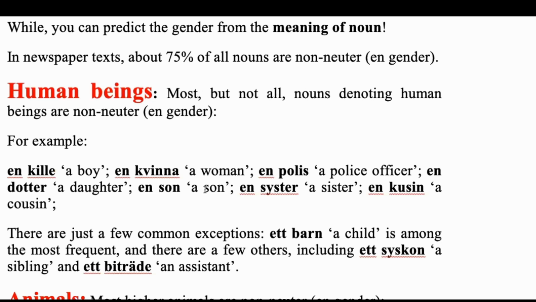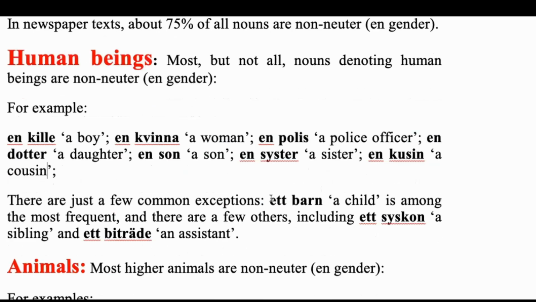Otherwise, if you find any noun that belongs to this category, human beings, you will place n as the article with the noun. For example, en kille, a boy, and en kvinna, a woman, and police officer, and dotter, a daughter, and son, a son, and syster, and kusin, a cousin. So these are all in this category, human beings. We have these relations and these nouns.